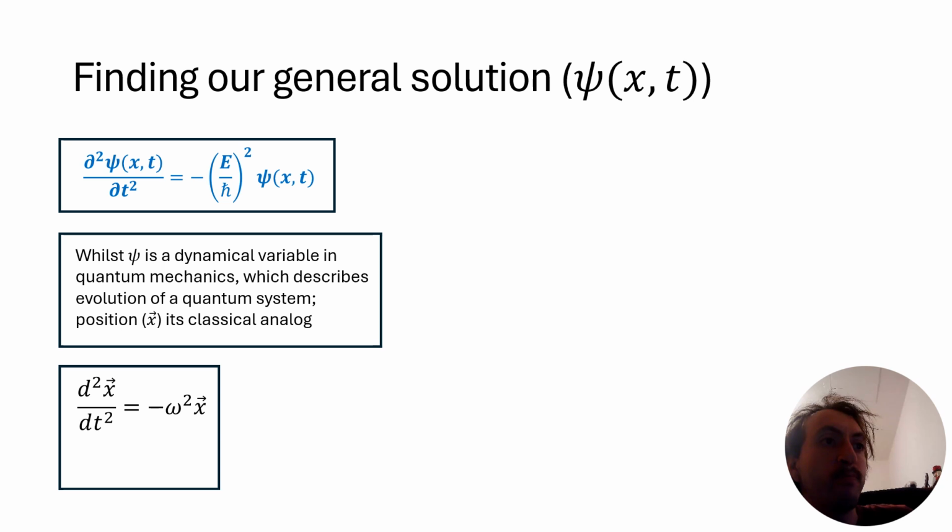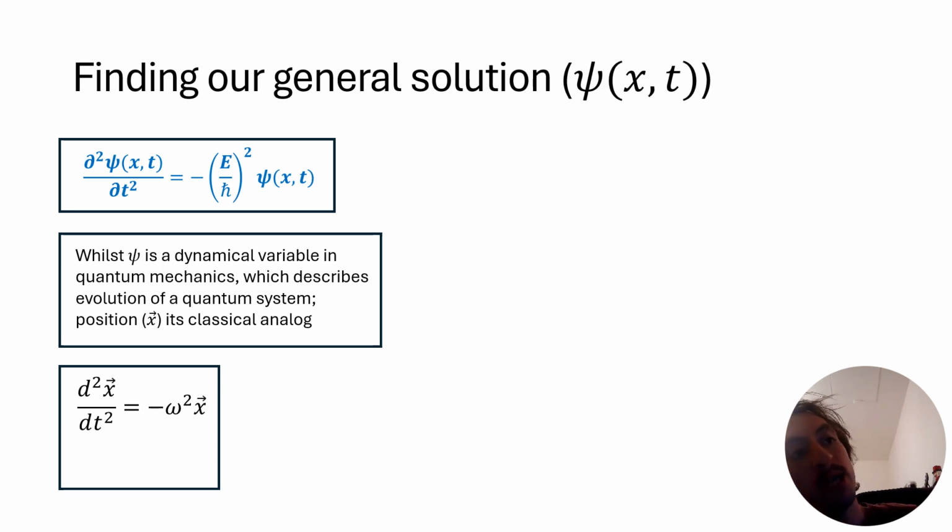Now, in quantum mechanics, this constant is E over h bar, but since E over h bar is a constant and we're just saying omega is some constant, we can just think of E over h bar as the same thing as omega. And we can do that because we said the energy of our particle is not changing with time, so E is evidently a constant. And h bar is by definition a constant in quantum mechanics.